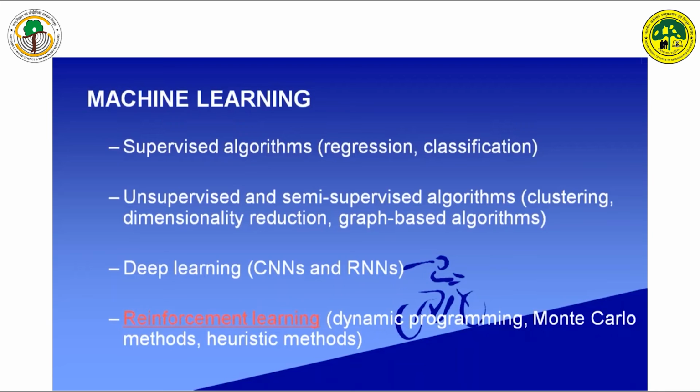Then I have to obtain dimensionality reduction and graph-based algorithms. Deep learning also plays a very important role, with artificial neural networks, convolutional neural networks and reinforcement learning neural networks. For that there are dynamic programming, Monte Carlo methods, and heuristic methods. A heuristic method is one that is already known.